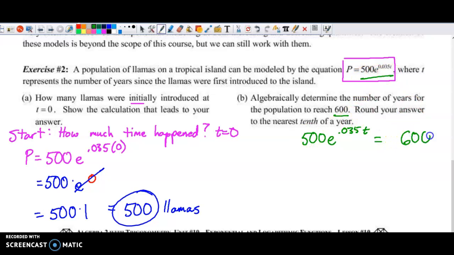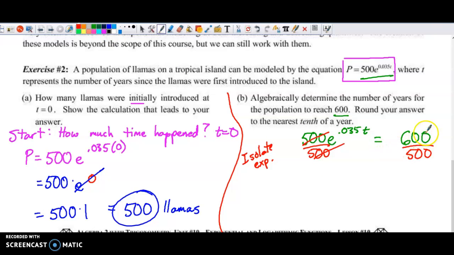And the reason why I say based off the previous lesson is you probably remember, hopefully you remember, that what we need to do is isolate the exponential part. And what I'm talking about there is dividing that 500 over. And what I like about this is that we can cancel out, that would reduce to 6/5.